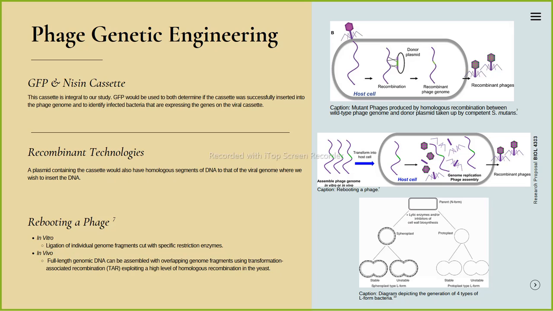So using this, we would just use homologous recombination, the same as you see in meiosis, for example, to get the cassette into the viral genome. I'm not exactly sure, but I believe that there's an enzyme that would be needed for this recombination to occur, but we'll need to look further into that.